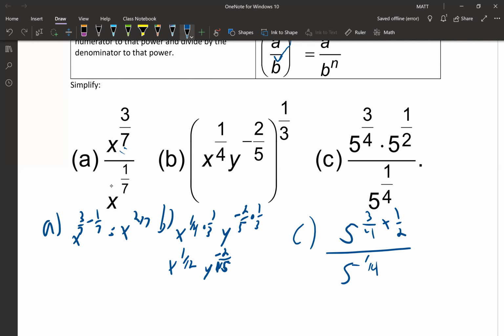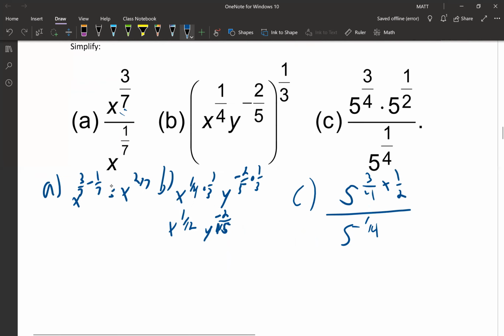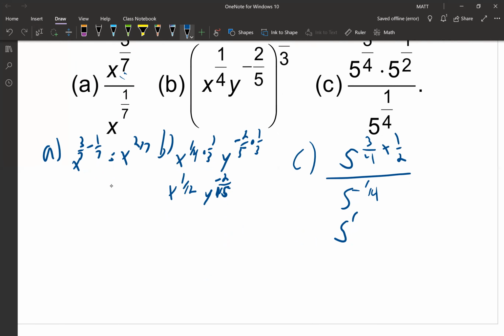Add those together, we get what? 5 to the 5/4 power, divided by 5 to the 1/4 power. And that is equal to, since we have the same base and we're dividing, we subtract the exponents. So we have 5 to the 5/4 minus 1/4, which is equal to 5 to the 4/4. And 4/4 is just 1, so we just have 5 to the first power, or just 5.